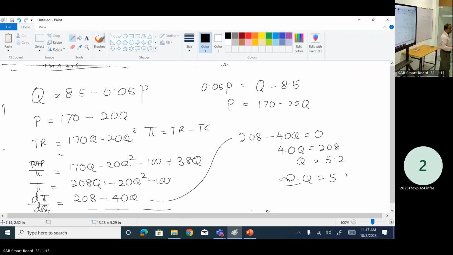Profit is... right. Okay, so we'll move to the other one. You can find this by the method of substituting into the equation. You can find the price and the maximum profit as well.